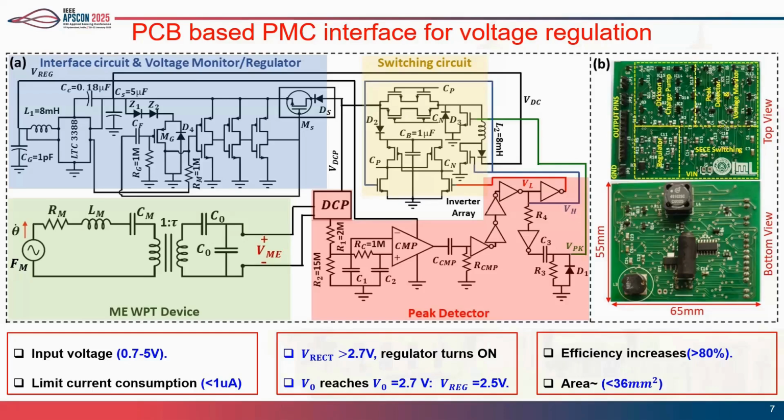The current consumption is as low as a few microamperes, and it generates a stable 2.5 volt supply. The overall area it consumes is up to 36 millimeters square. I know it is quite large, but we have plans of miniaturizing the entire PCB into a CMOS based circuit. We are currently working on that.